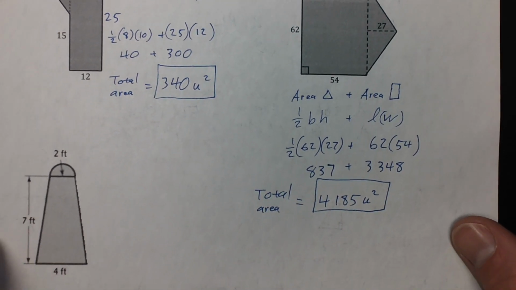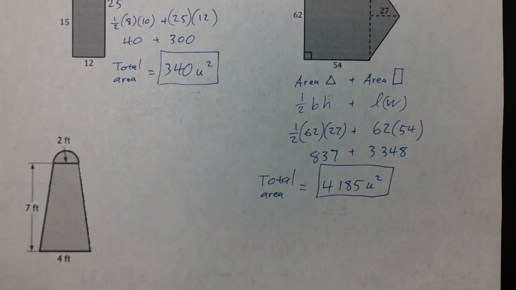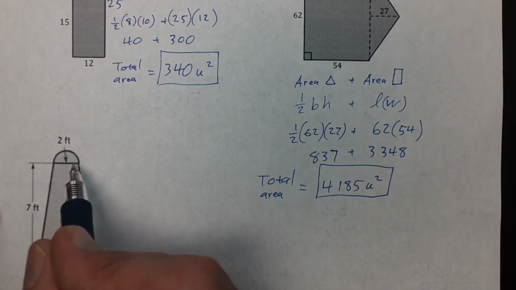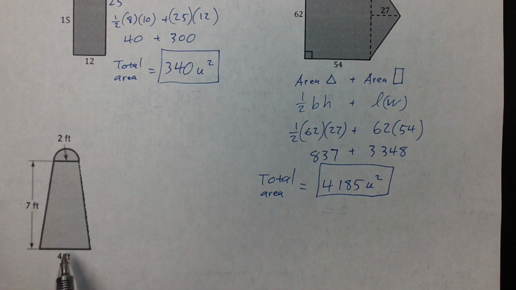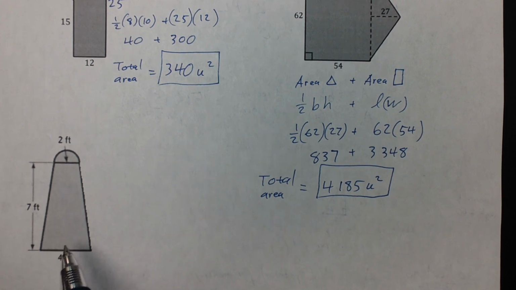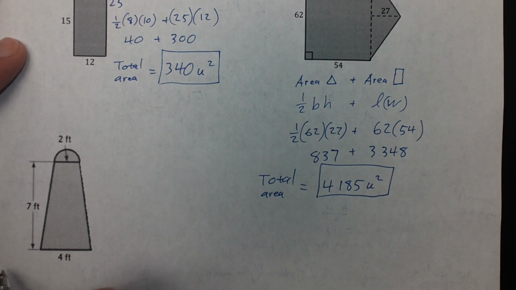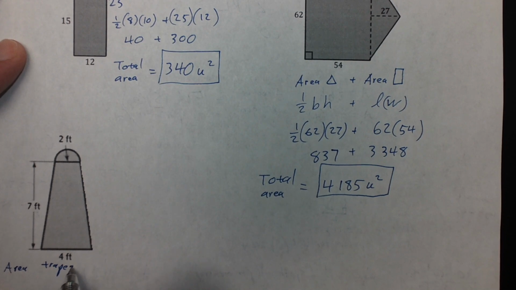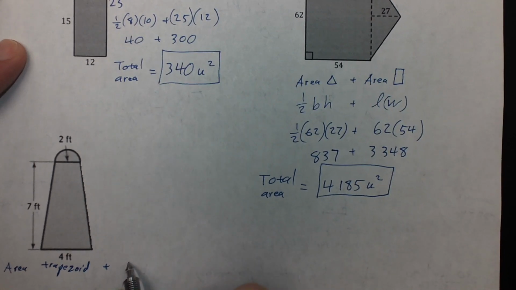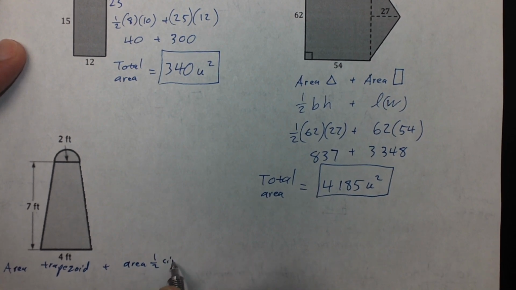Finally, we have one more composite figure, and this is a semicircle, and we have, let's see, what else? We have a trapezoid. So we have area of trapezoid plus area of 1/2 circle.